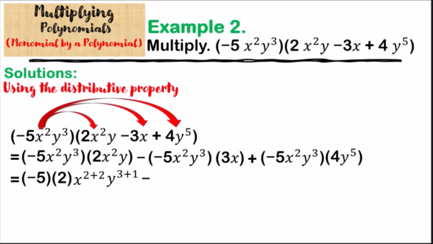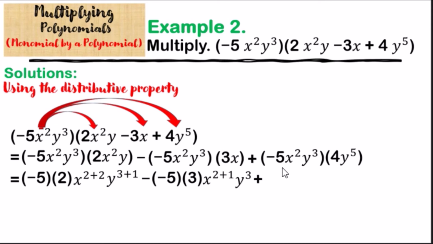We have negative 5 times 3. And multiply the literal coefficient together, we have x squared times x, that is x raised to 2 plus 1. And since we do not have variable y here, you just simply copy your y raised to the 3rd power.